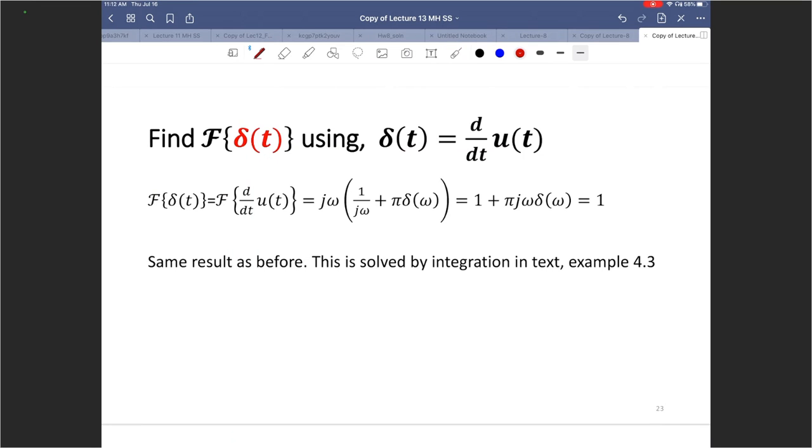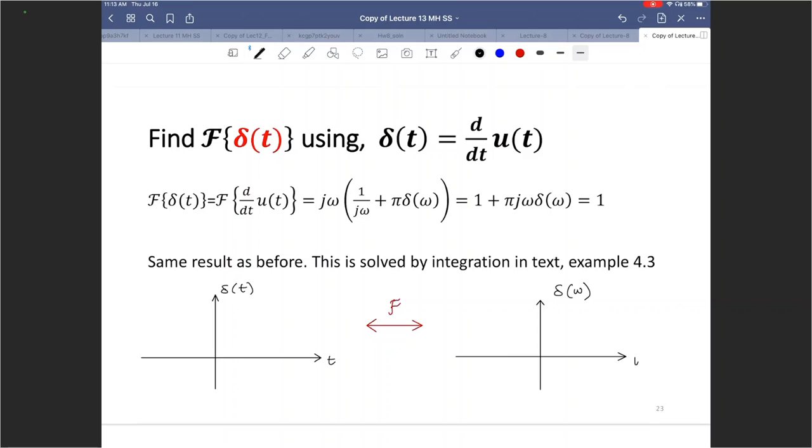Let me sketch that out here. 1, 2, time. This is delta of t. This is t. This is the Fourier transform of delta of t. This is delta of omega. This is omega.